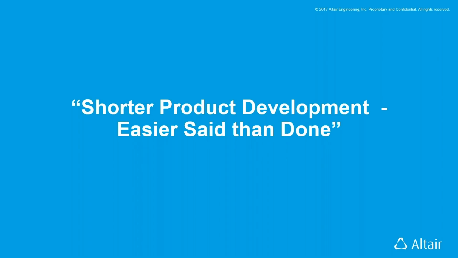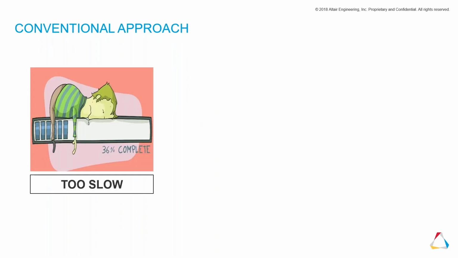Companies want to reduce it further, and that's where products like SimSolid will help them drastically. Why did we introduce SimSolid? There are certain pain areas we identified with the conventional way product development happens, especially the simulation part of it.